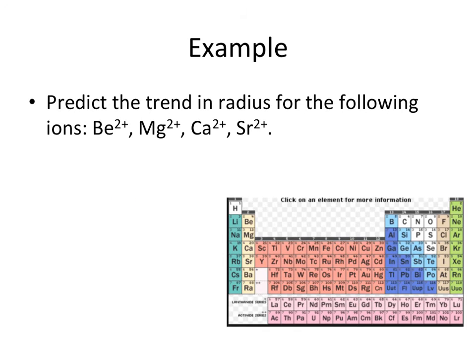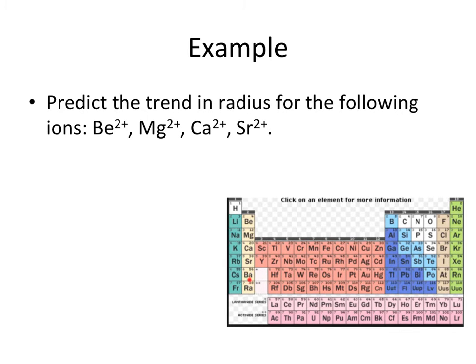So if we go ahead and look at an example where a question could be given. Basically here they've asked you to predict the trend in the radius for the following ions. So we have beryllium +2, magnesium +2, calcium +2, and strontium +2. Beryllium, magnesium, calcium, strontium, these are all in that alkaline earth metal group. They all normally form a +2 charge.